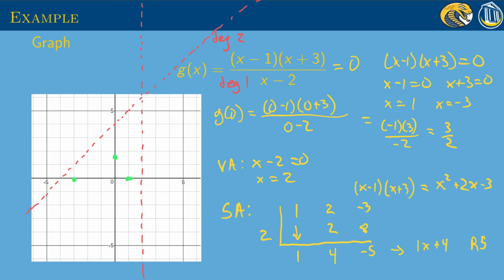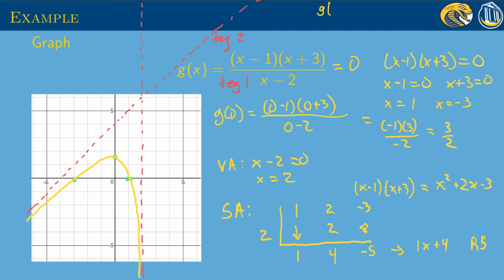And now we can use everything that we've done in order to plot our actual function. We notice that near the origin, our function goes through the 3 points we've already drawn, and then we'll get arbitrarily close to both our vertical and slant asymptote. In order to figure out what's going on to the right of 2, we just need to plug in any point bigger than 2.